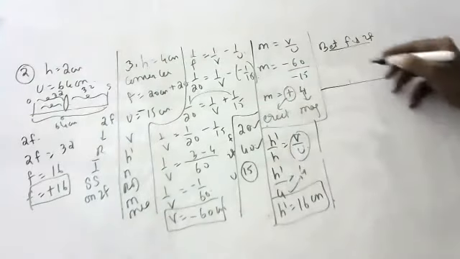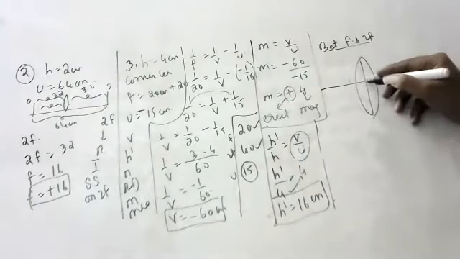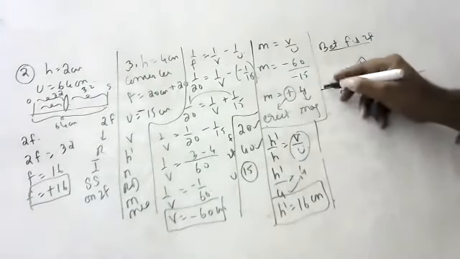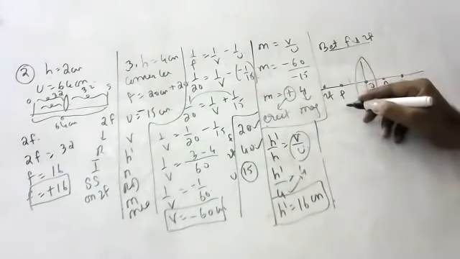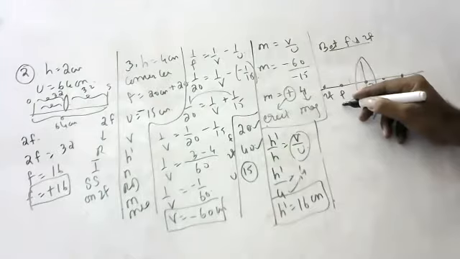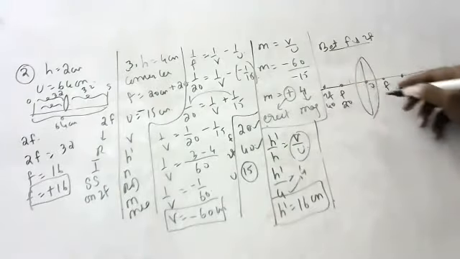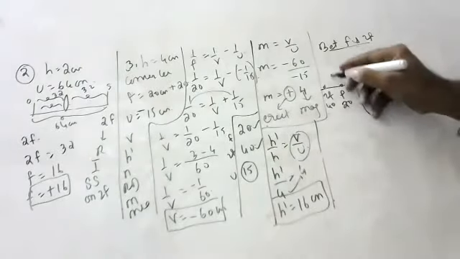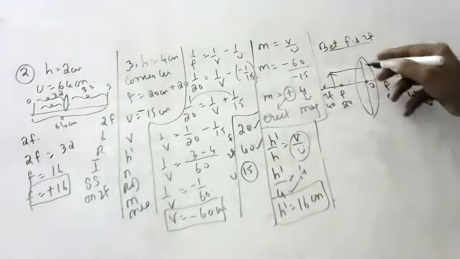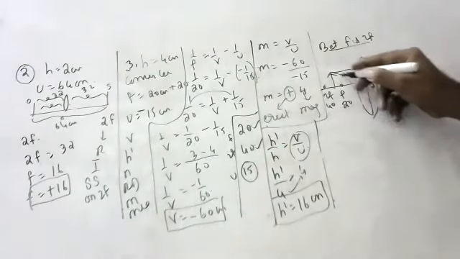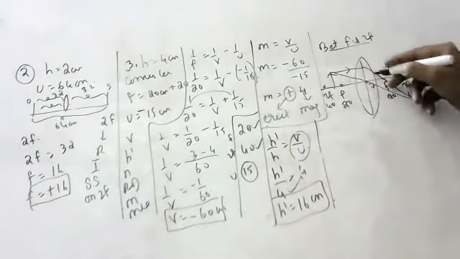Whenever the object is between F and 2F, this is the optic center, this is F, this is 2F. This is 20, this is 40, this is 20, this is 40. When the object is between F and 2F, the image is compulsorily formed beyond 2F. One ray parallel to the axis goes through the focus. The ray going through the optic center will never deviate.